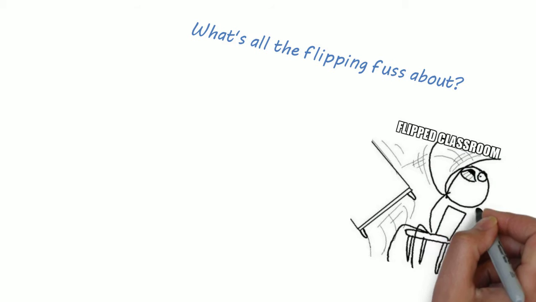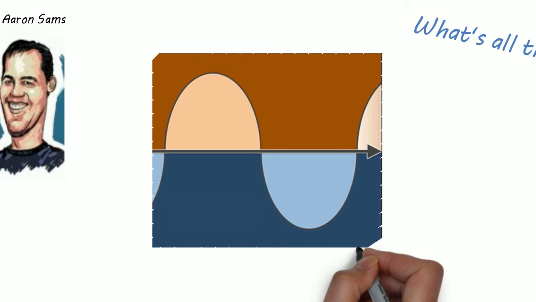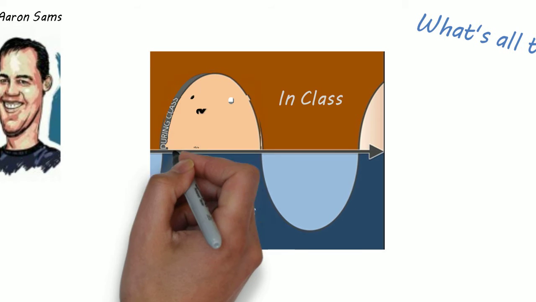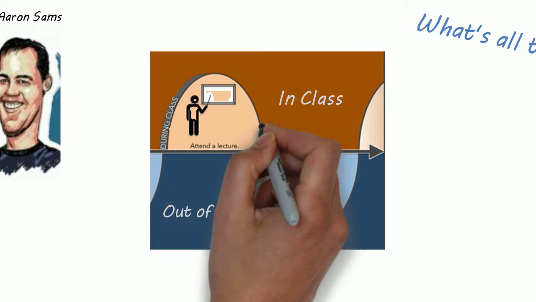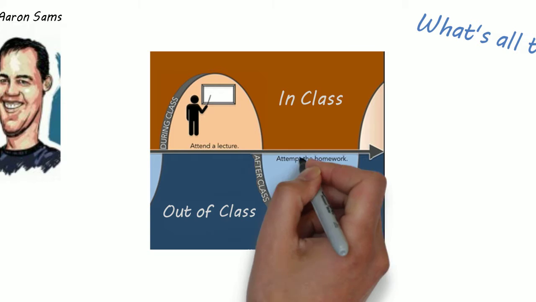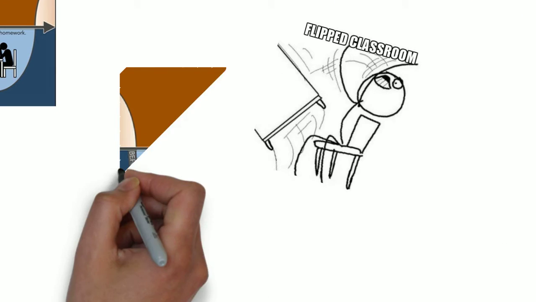So what's all the flipping fuss about? All classes, regardless of where they're delivered, have a wave-like motion that moves between in-class time and out-of-class time. In the non-flipped classroom, the class time is taken up by a lecture delivered from the front of the class, and the out-of-class time is used by the students to undertake some form of student-centered learning.